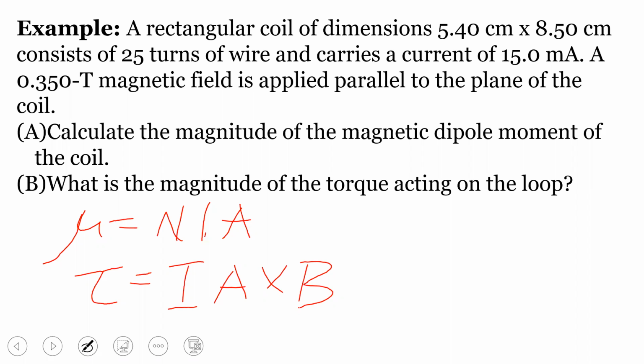But do we need to do anything further? The reason why I'm asking is because this question is saying the magnetic field is applied parallel to the plane. Is that zero?